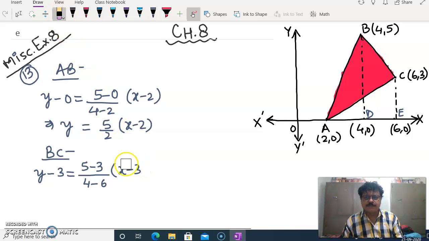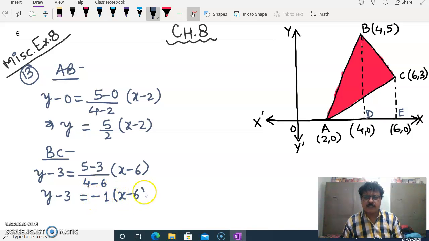Sorry, it's 6. So it is y minus 3 is equal to 2 upon minus 2, that is minus 1, into (x minus 6). So the equation will be y is equal to 9 minus x.